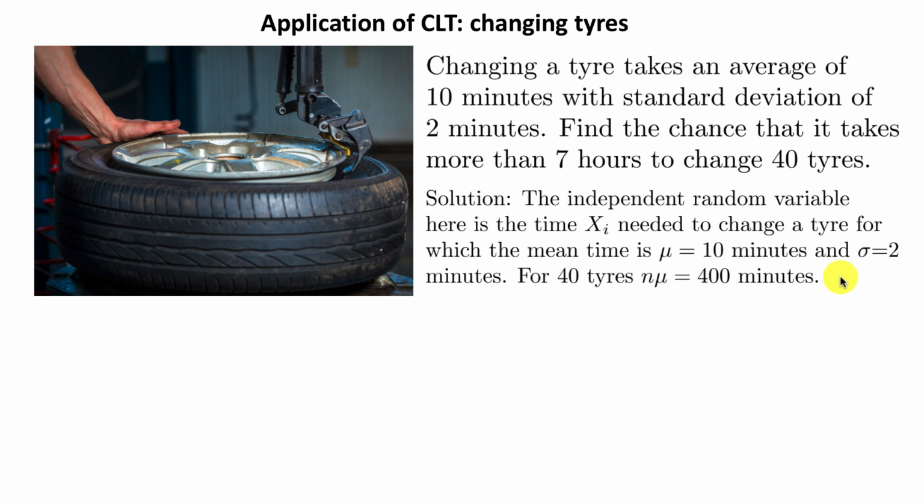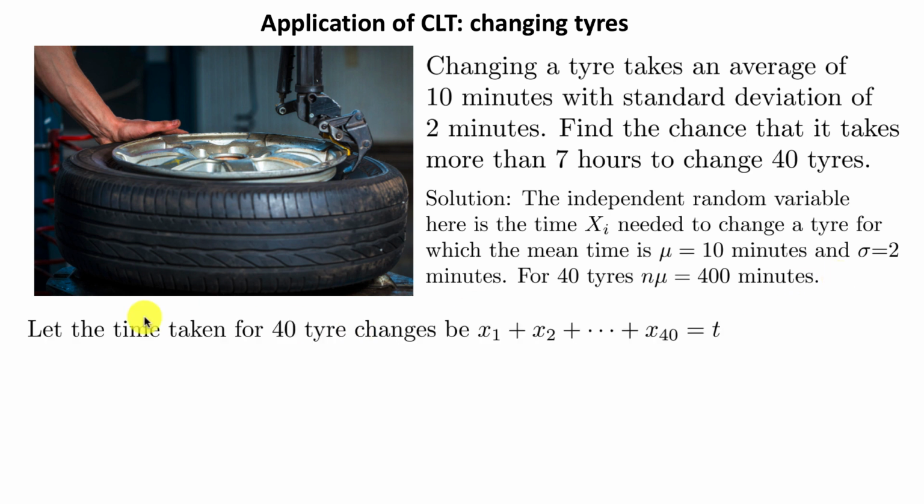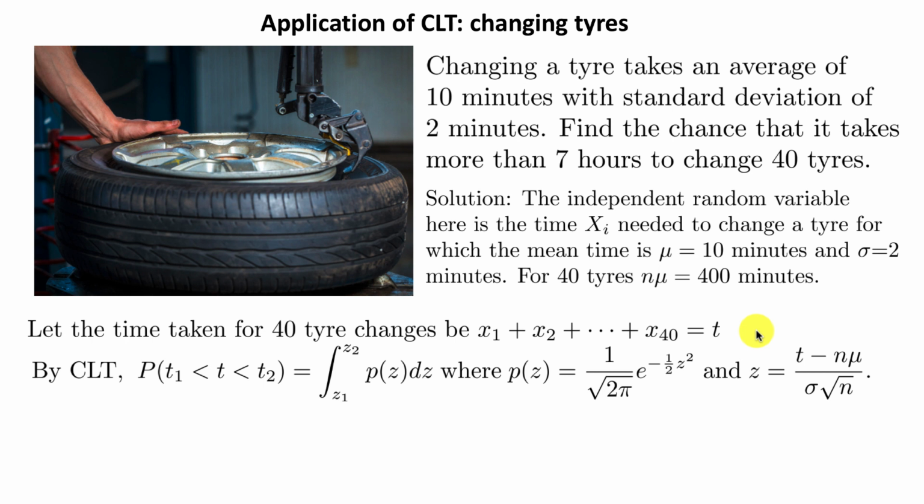Now, let the total time taken for changing 40 tires be the sum x1 up till x40, and we're going to call that t. Then, of course, just as we've derived for the central limit theorem, we have this new variable z, which is t minus n mu over sigma square root of n, exactly the same as before for potatoes, except that here, instead of a weight, we have time.